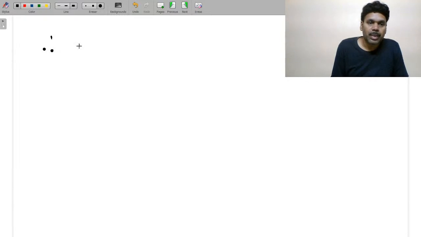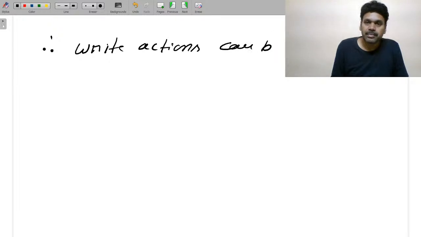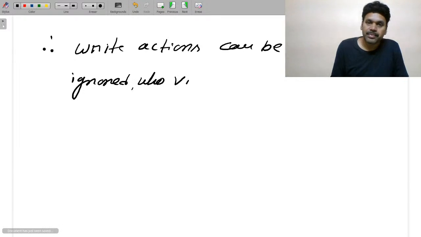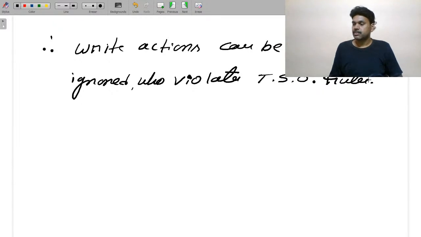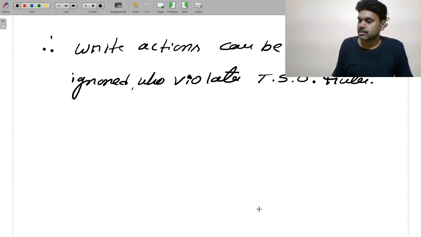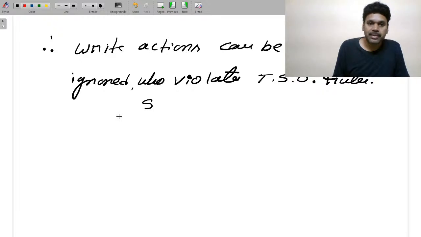Therefore, write actions can be ignored. Write actions which violate timestamp ordering protocol rules can be ignored. Once look at this, friends.